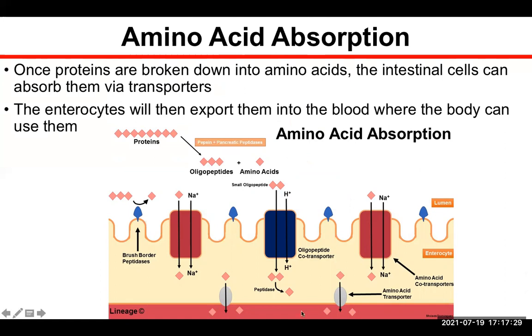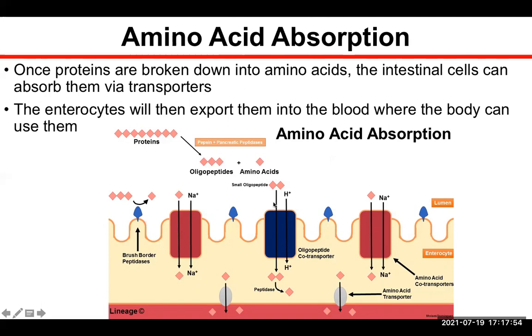There's tons of different kinds, and all of the transporters have an affinity for a specific size and charge of an amino acid. I'm not going to have you know all of those, but just be aware that in order for these amino acids to get into the body, they're facilitated through transporters.